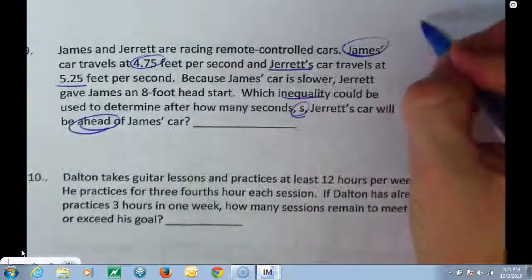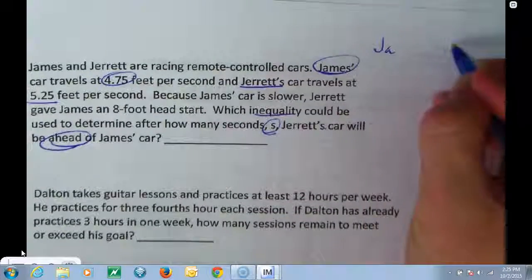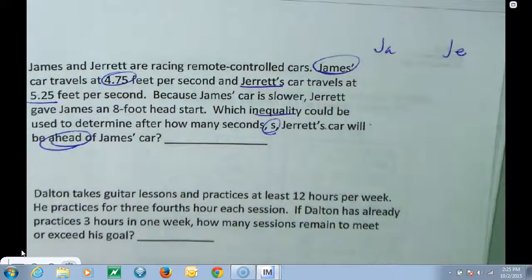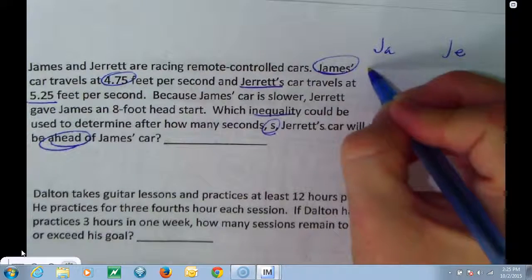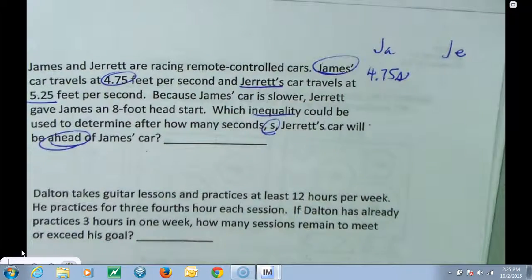So we've got James. Let's put James over here, and Jared over here. James's car goes how fast? What is his rate of speed? Good. And we multiply by the seconds, remember, to get the distance. Rate times time.